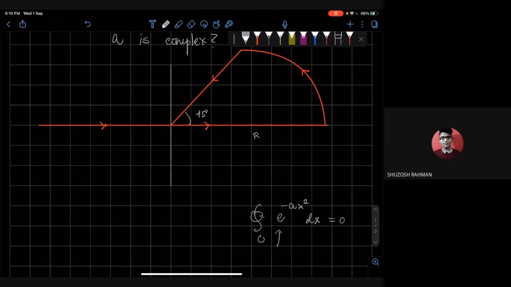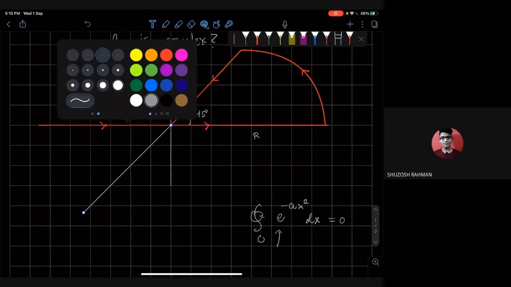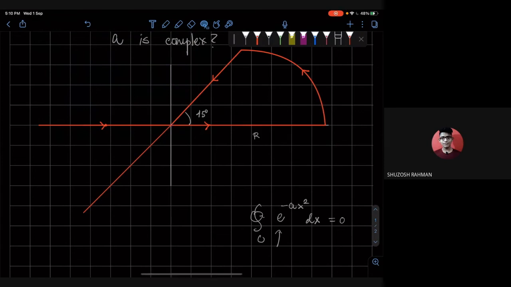Then for the other half of the integration along the real line, we do a similar thing, but on the other side of the real line. So this is another contour.